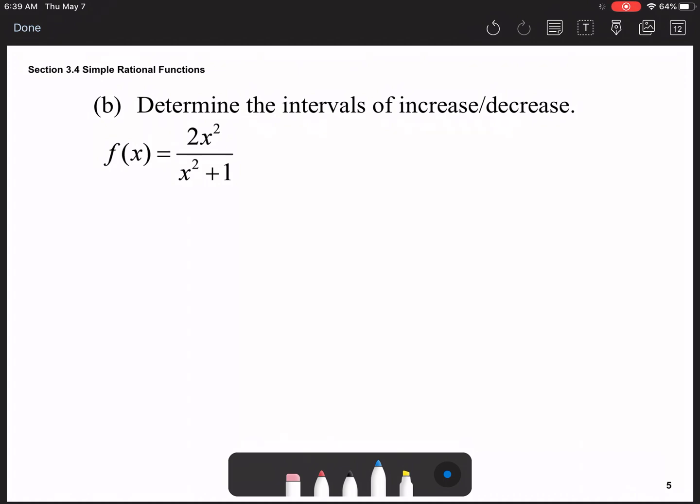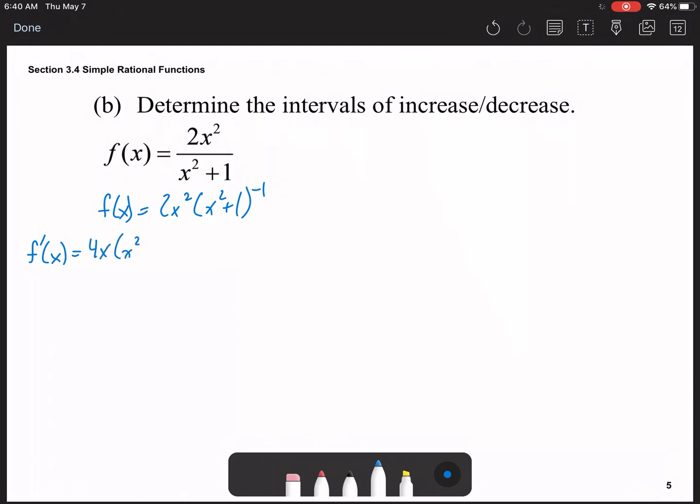So first of all, we've got to determine our derivative. So I'm going to rewrite it first like this, as a product of two functions. Now I'm going to apply my derivative. So I find the derivative of the first one, which is 4x.